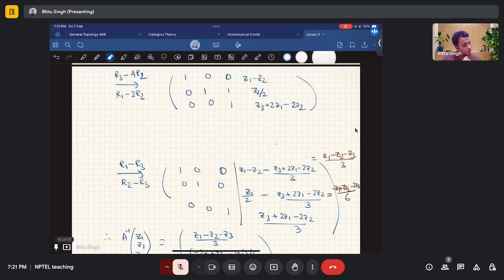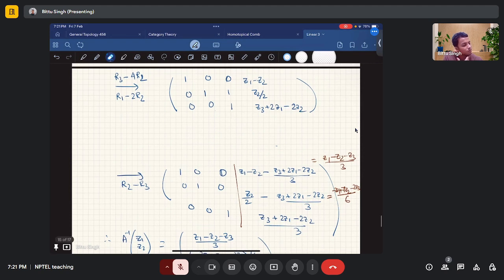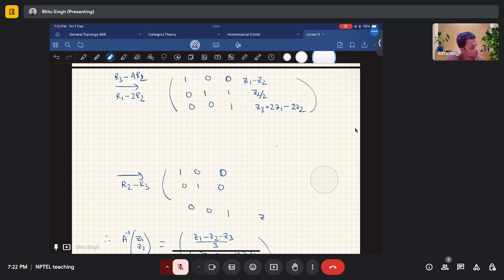And we need to perform only R2 minus R3 because there is nothing above this one, right? So I am erasing those things. Okay.